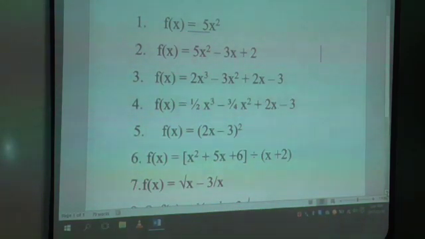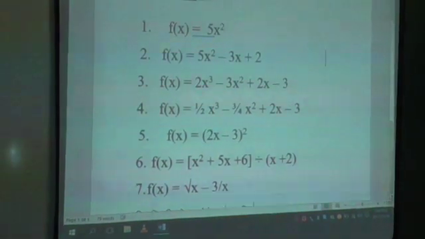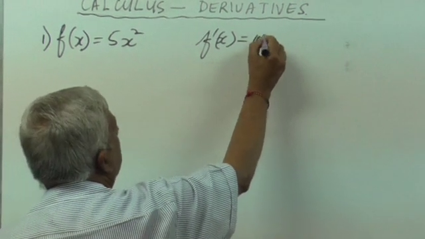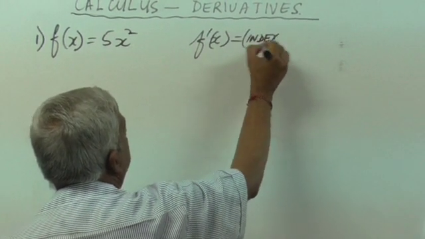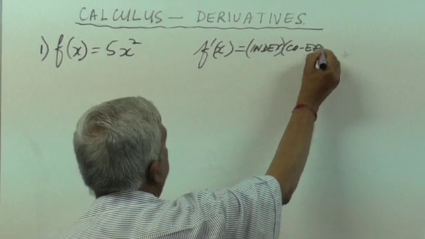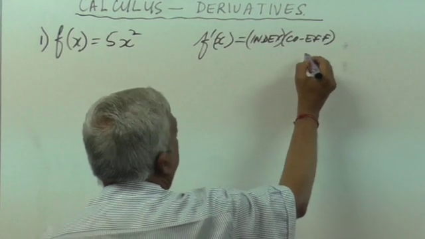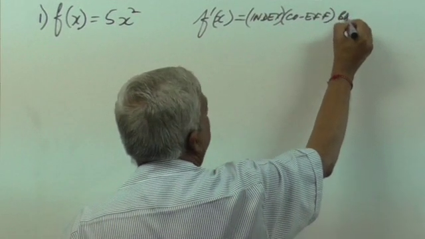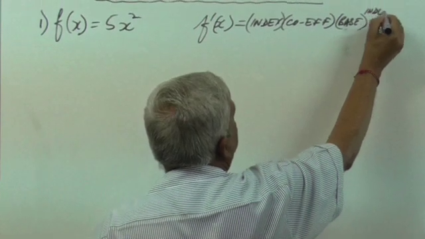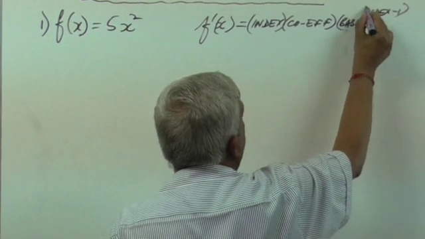Number 1, you had f of x is equal to 5x squared. So the rule says that f prime x is equal to index times the coefficient, then write down the base and index minus 1 on the top.